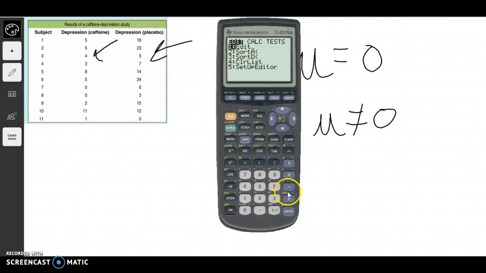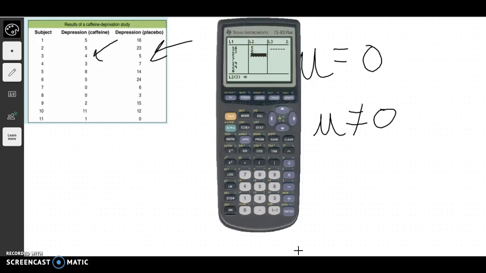So I'm just going to go over to my list, and I'm going to put, well, I probably should put the higher values in. So 16, 23, 5, 7, 14, 24, 6, 3, 15, 12, and 0. Then I'm going to go to this other list over here.